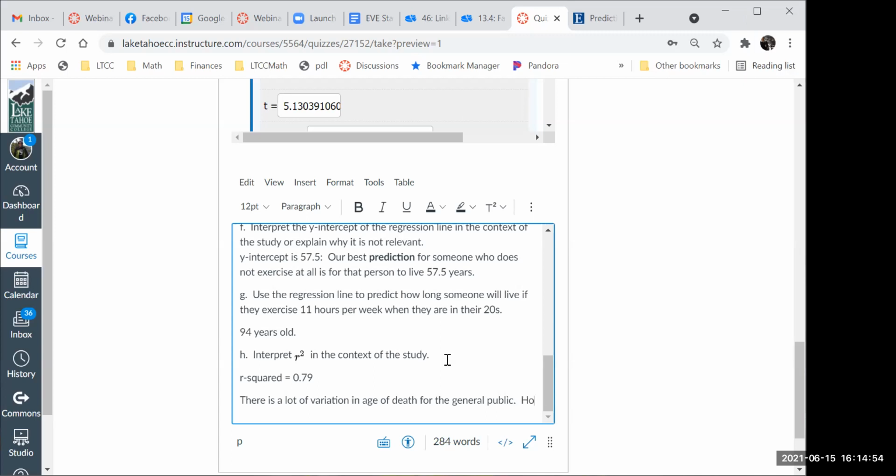However, if you look at a specific class of people who exercise a particular number of hours, the variation in their age of death decreases by 79%. Or their variation for that particular class is reduced by 79%.